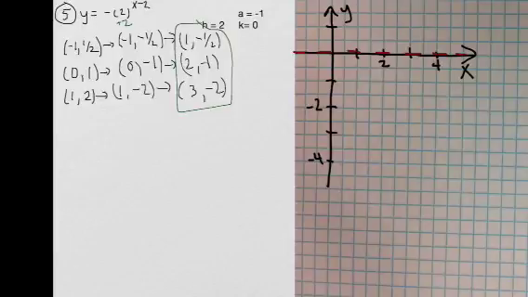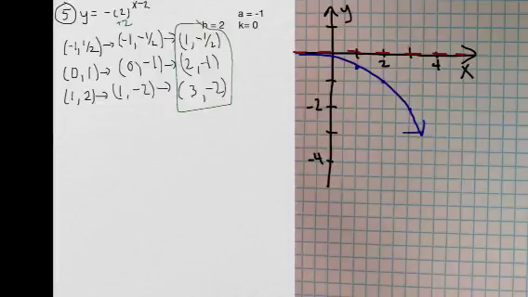Then we plot the 3 points: (1, -1/2), (2, -1), and (3, -2). Connect those points with a smooth curve and you are done with the graph.